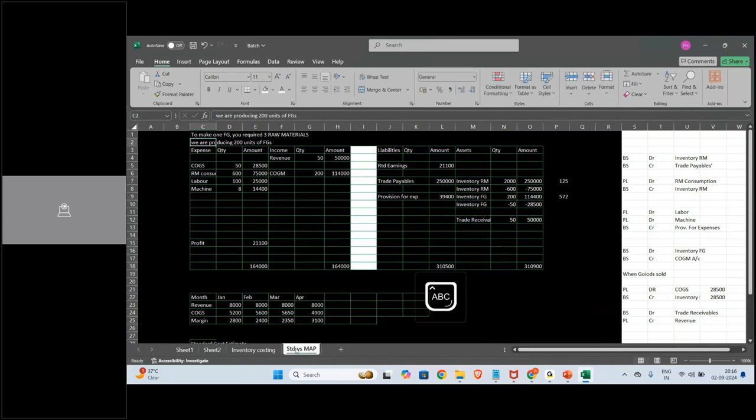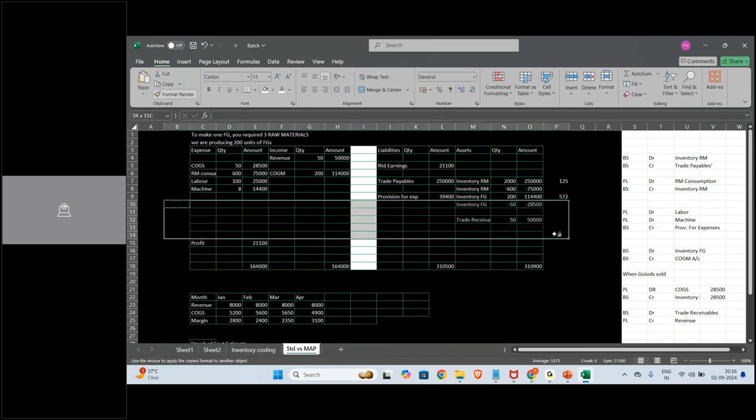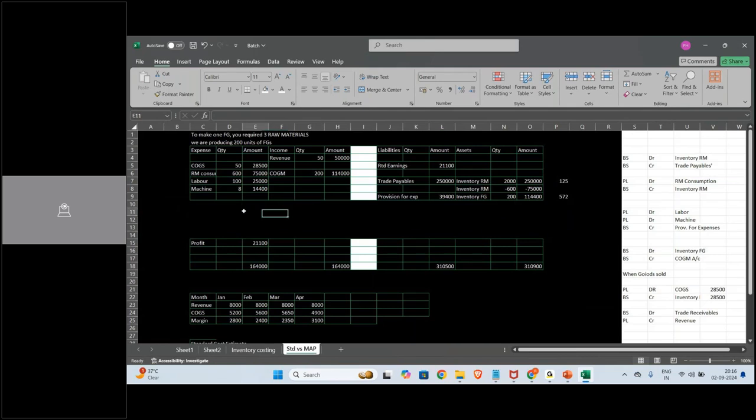I have not explained it. Ideally, I thought I would explain later, but I'm doing it now. We will do now moving average price.